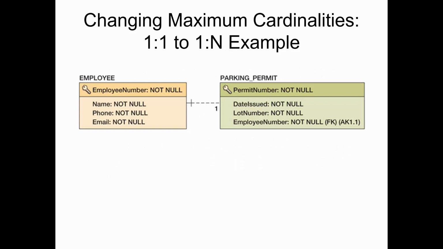For example, if an employee is the parent table, employees are to have multiple parking permits. We drop the constraint that parking permit employee number be unique. So all we do is drop the constraint that this should be unique and you will be fine.